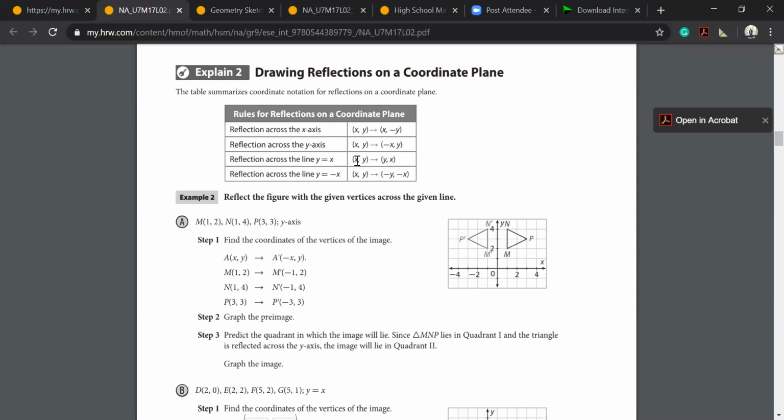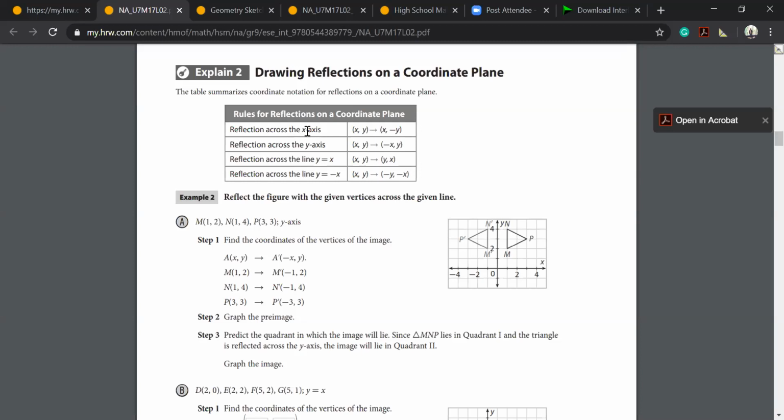I will put y instead of x and x instead of y. What about the second line, y equal to negative x? Again, you put them flipped, but you also add a negative to both, so y and x with negative signs on both.